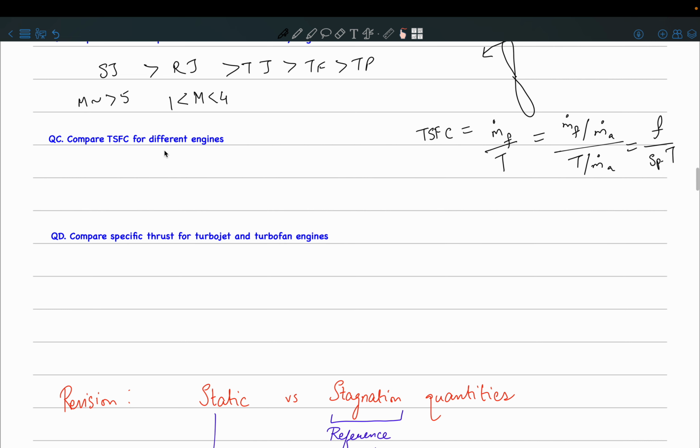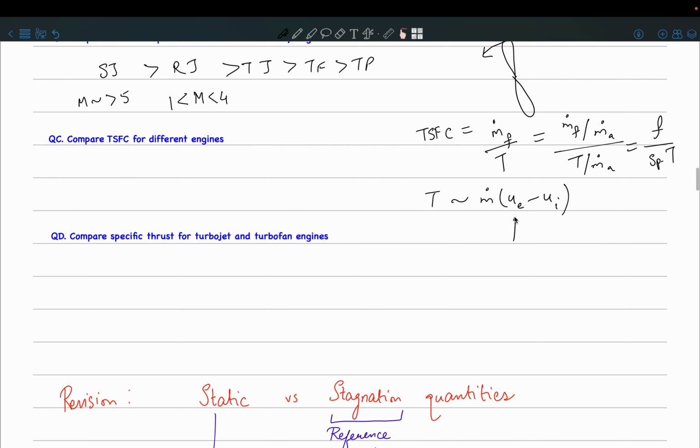So what will be the lowest? Remember we were talking about thrust. Thrust goes as m dot into (ue minus ui). So in a turboprop, how are you increasing thrust? You are increasing it by increasing the inlet mass flow rate. Correct. And to increase the exhaust velocity, you need to raise the temperature in the combustor by a lot.